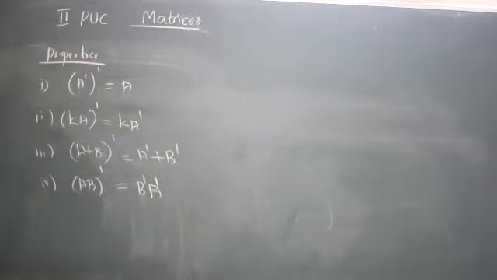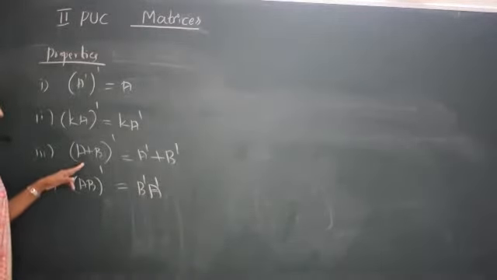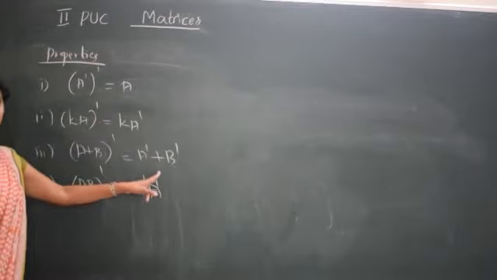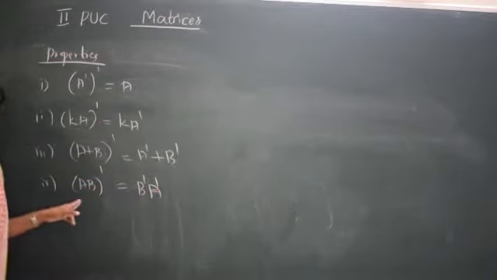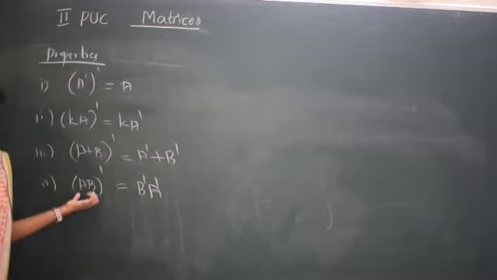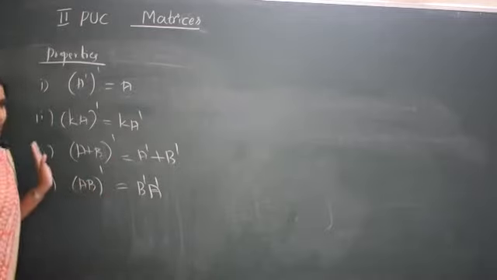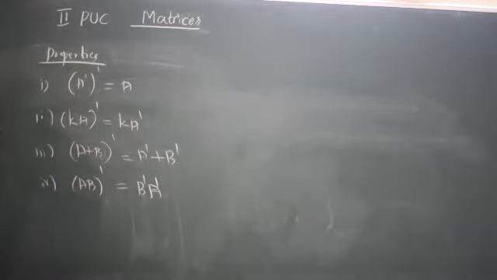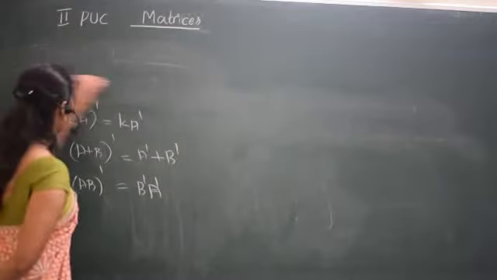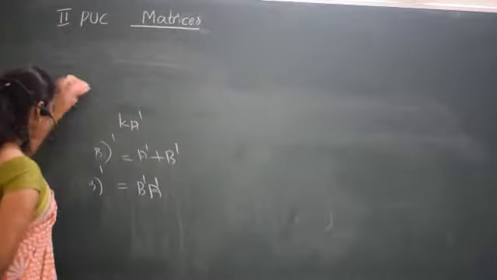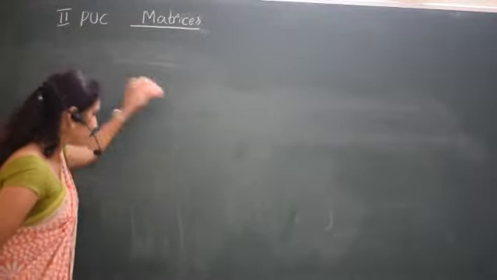So always remember: the transpose of a product is B transpose into A transpose. These are the main properties of the transpose of a matrix. We will prove these properties by giving an example. I'll give one problem, and based on that we'll prove all these properties.